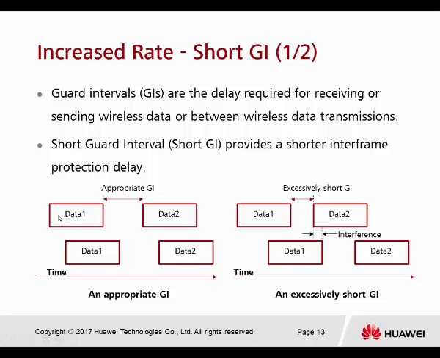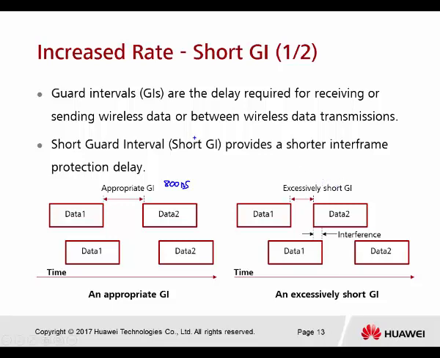My first data and the second data, in between them, they actually have a gap. So by default, for the normal GI, the required gap in between is 800 nanoseconds before you can send the next data. So they have this kind of gap.